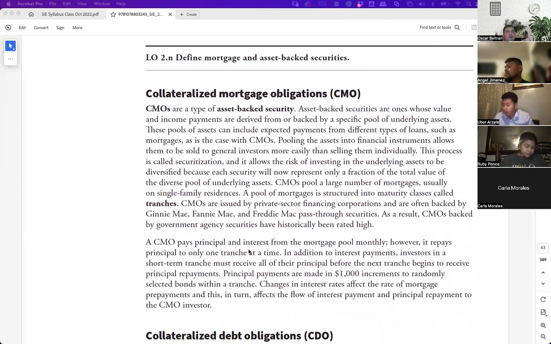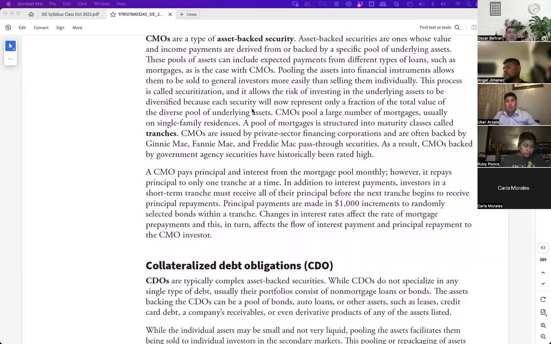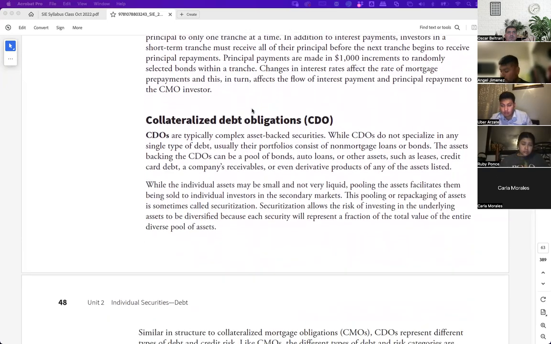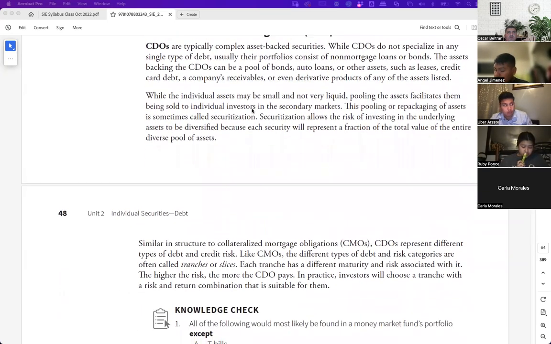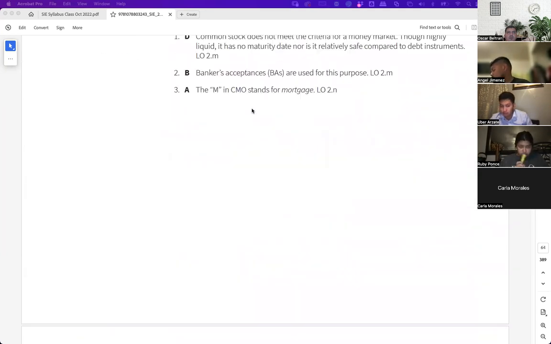And then right here we have collateralized mortgage obligations. They're assets backed by securities. That's pretty easy. This section's easy too. All right, cool. We're good there.